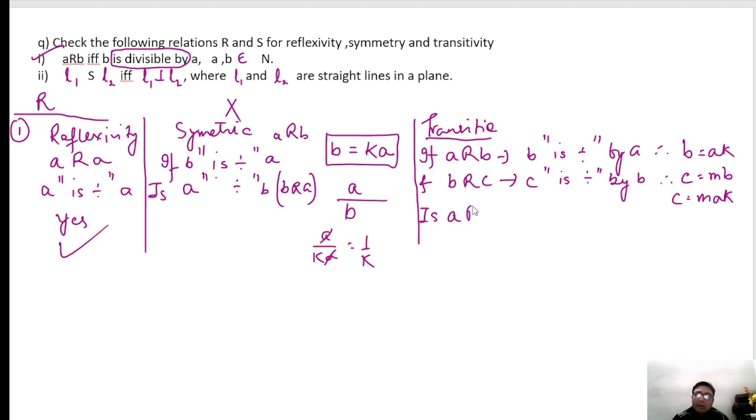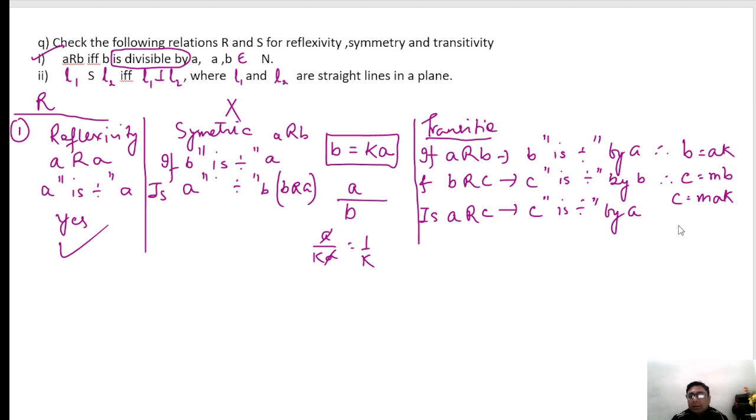is A R C? That means is C divisible by A? So let's see.